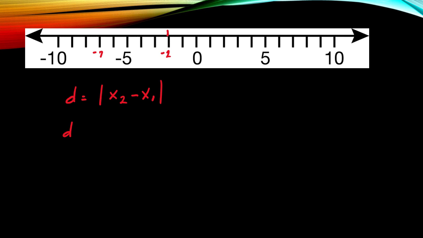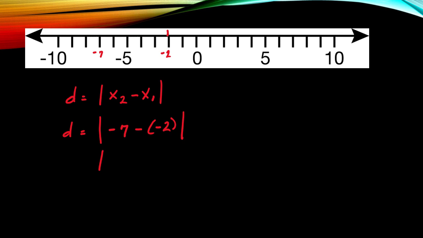So distance equals the absolute value of -7 subtract a -2.